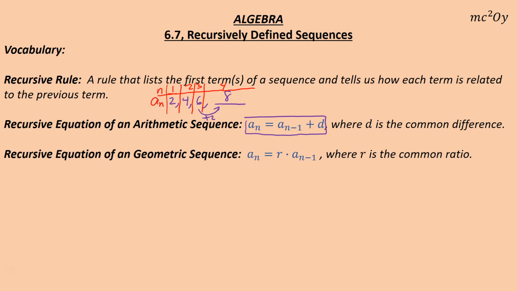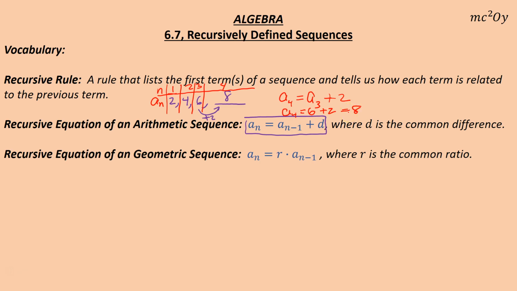The fourth term, a sub 4, is equal to a sub n minus 1, or the third term, a sub 3, since 4 minus 1 is 3, plus our common difference of 2. If we put all that in, a sub 3 is 6, and 6 plus 2 is 8. So the fourth term is 8.